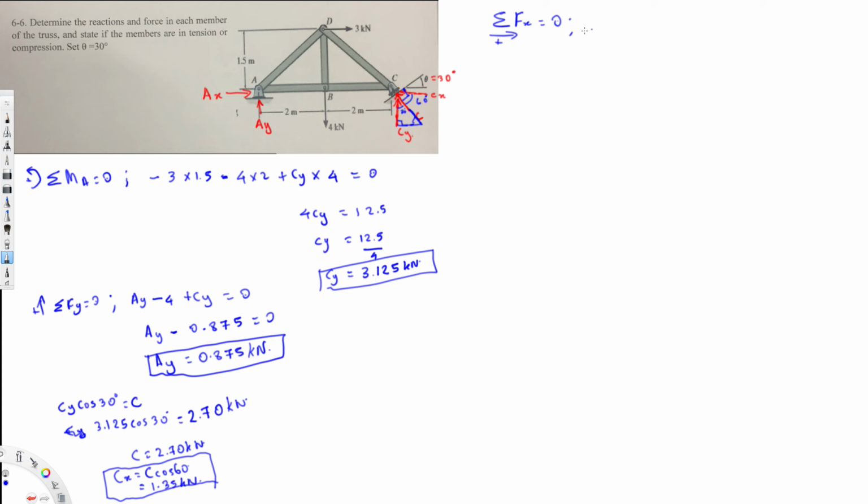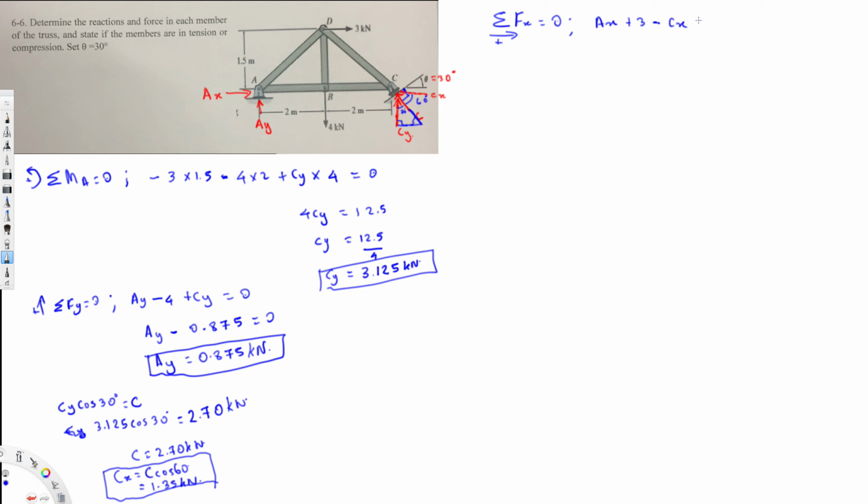this one, I would take Ax in the positive direction, and 3 is in the positive direction, and we have Cx in the negative direction, and that's all we have.